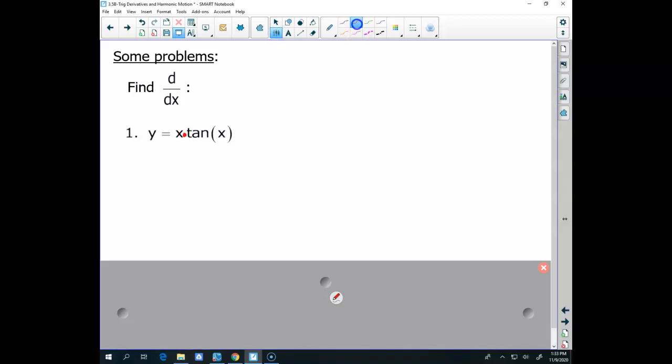And when I am multiplying a function of x times a function of x, I have to use the product rule, which means if I'm thinking this is u and this is v, remember u times v, if I'm taking the derivative in terms of x, I think of it as the derivative of the first one times the second one plus the derivative of the second one times the first one, okay?